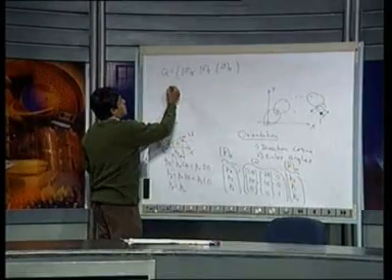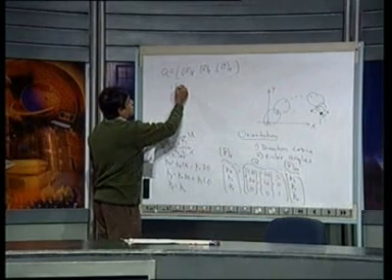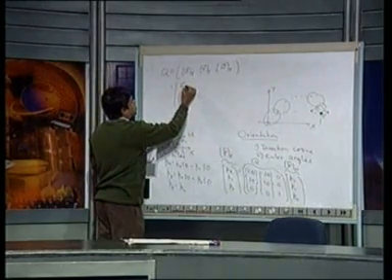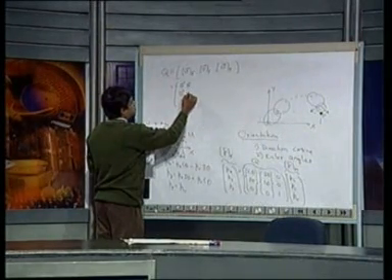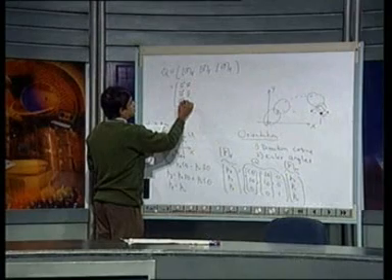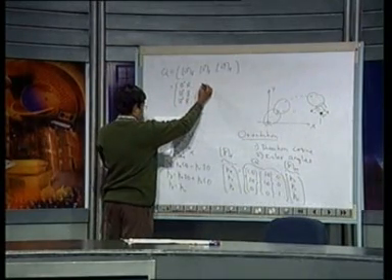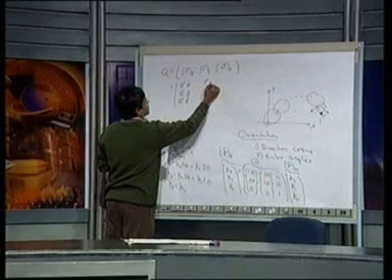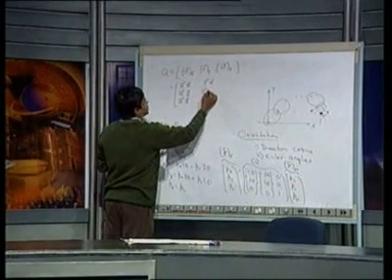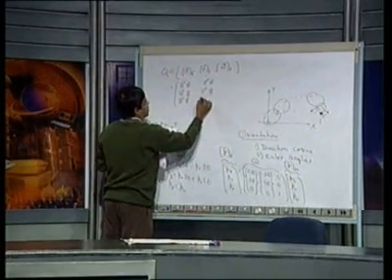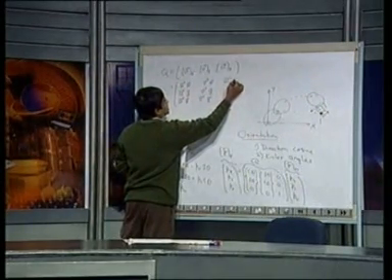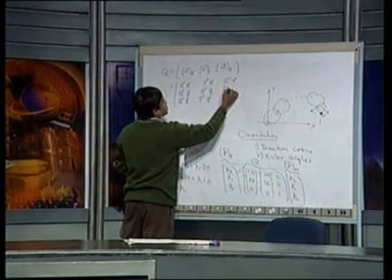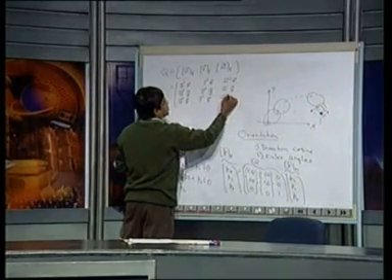Now, these components are nothing but u transpose x, u transpose y, u transpose z, then v transpose x, v transpose y, v transpose z, and then w transpose x, w transpose y, and w transpose z.